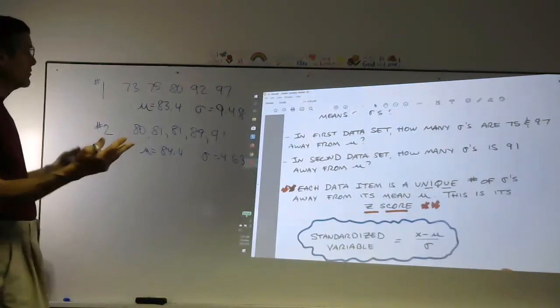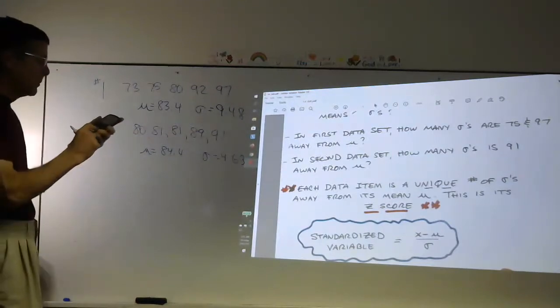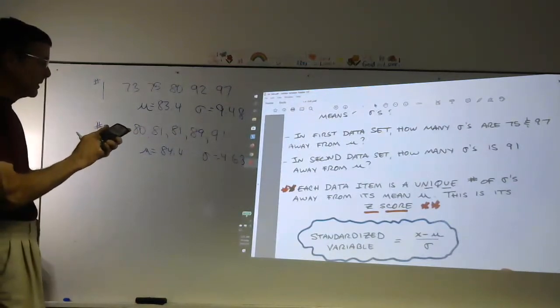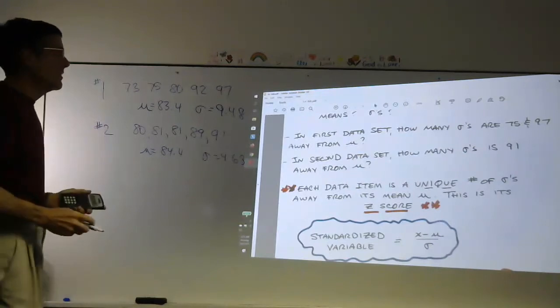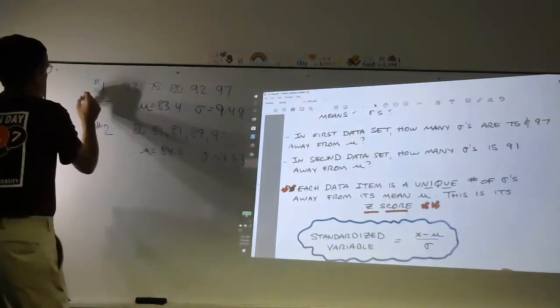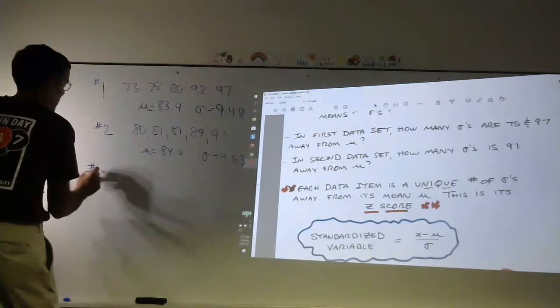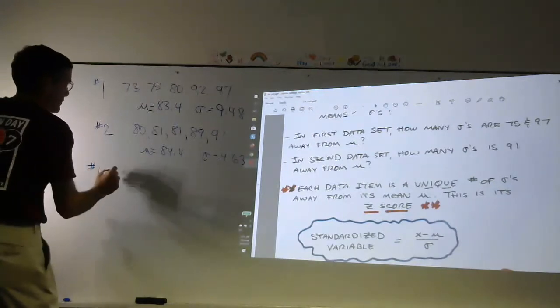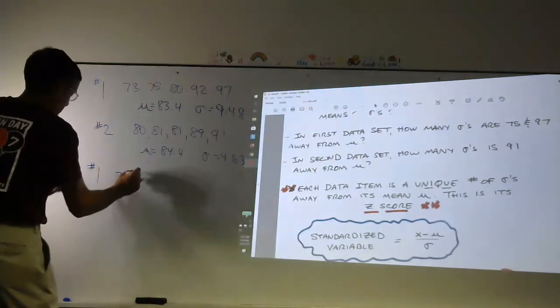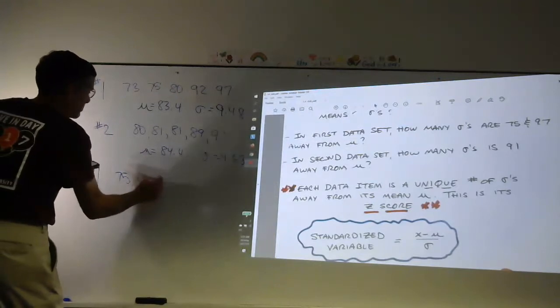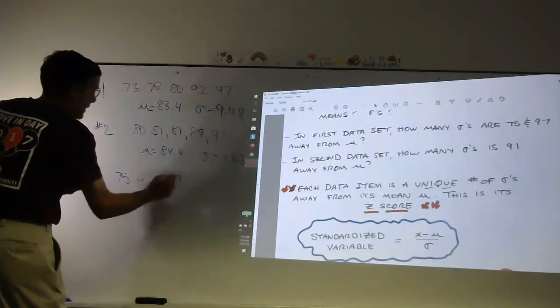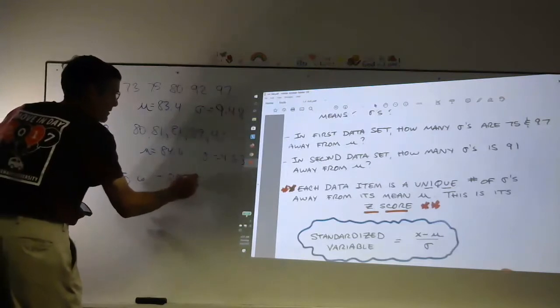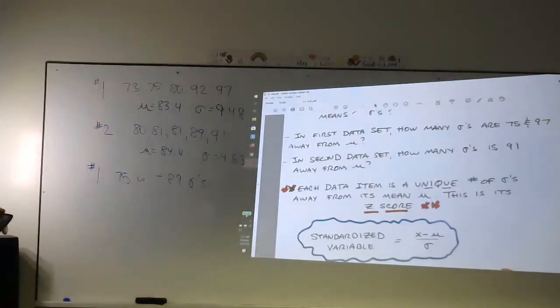It's a fraction of one, so divide by 9.48, and I get that 75 in data set number 1 is negative 0.89 standard deviations away from the mean.